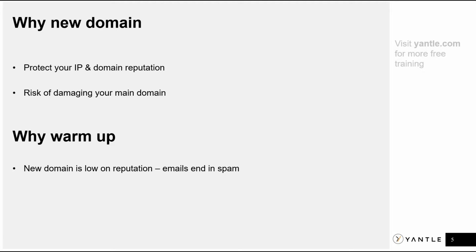Secondly, we need to warm up the new email address because it has low reputation. There isn't any history of incoming and outgoing emails, and once you start sending a high volume of emails on a regular basis, this will raise red flags with email companies as being suspicious.